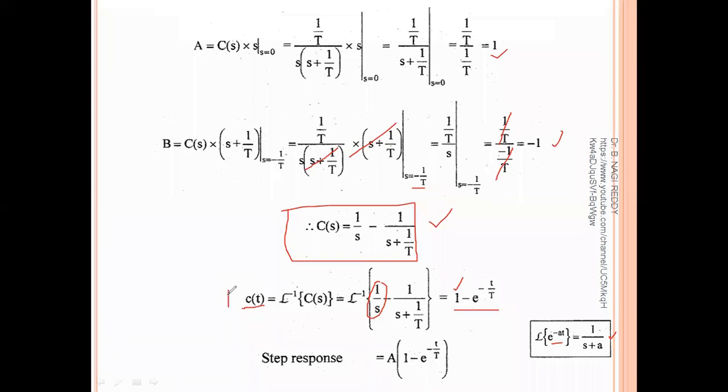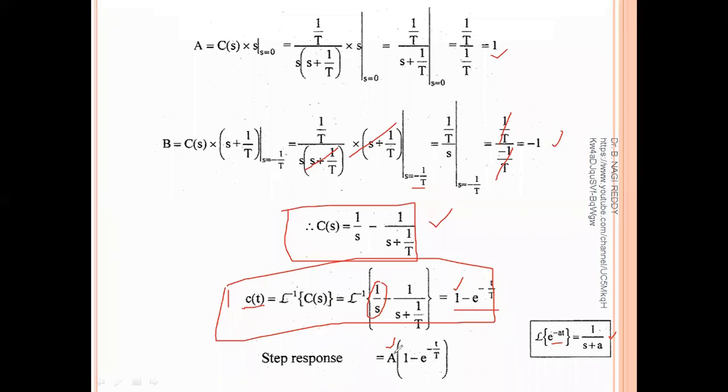So this is the output response of a first order system when the input signal to this first order system is unit step. What if that step signal has a magnitude A? Just multiply this entire equation with the magnitude, then we will get the step response.